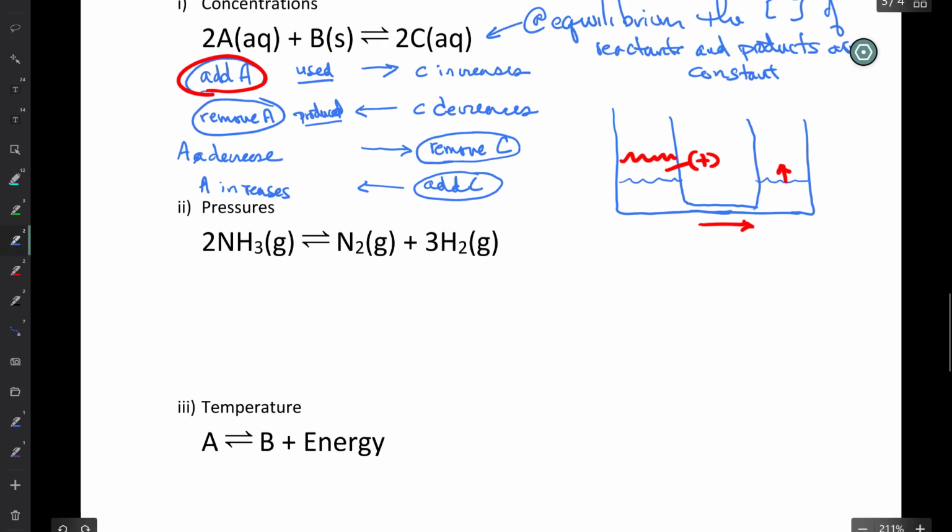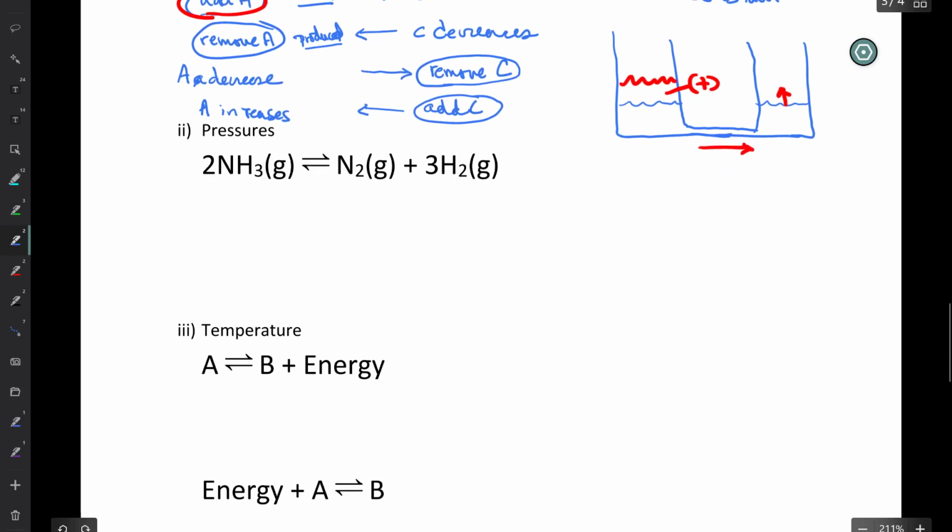You could do the exact same discussions with pressures. So if this is a reaction with gases, if I increase the pressure of NH3, right? So I increase this. Let me do it like this. Increase NH3.